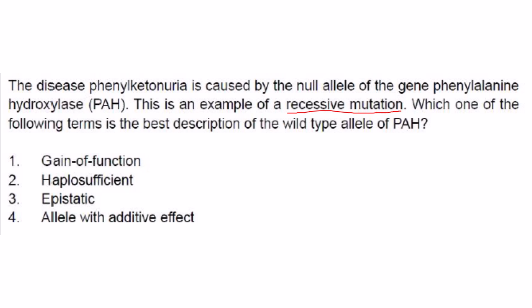So that condition where one copy of the wild type allele is sufficient to produce the normal phenotype, it is called as haplosufficient. That is somewhat like your dominant condition in a heterozygote. So that is called haplosufficient.